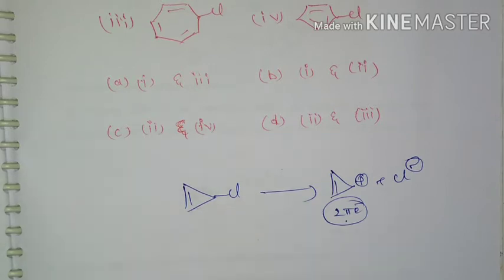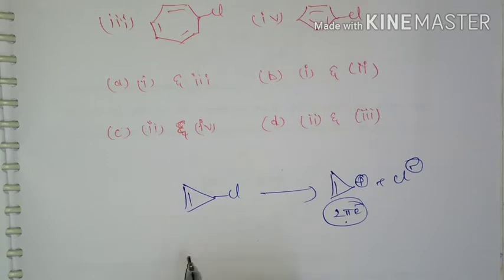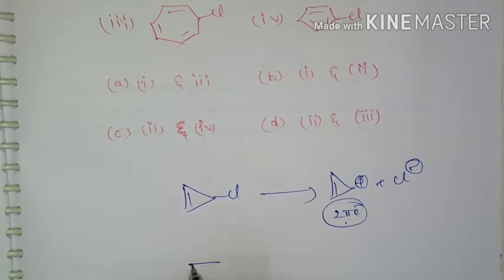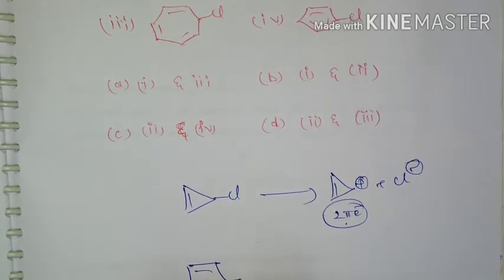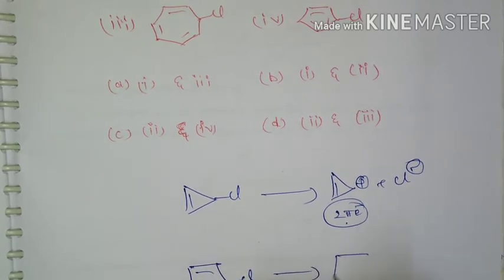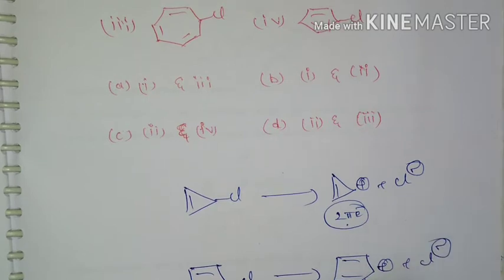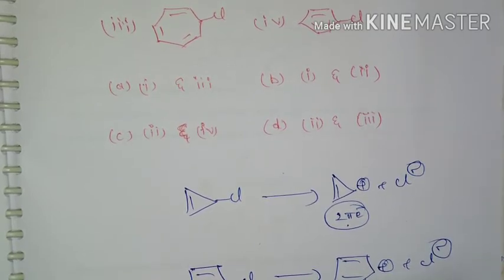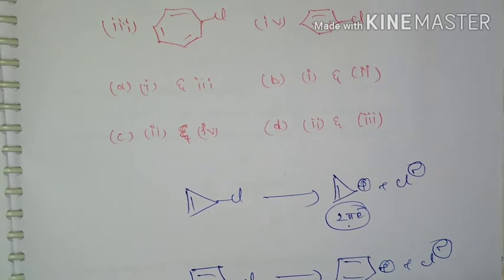So if it is giving aromatic character, then it will undergo easy ionization. And for the second, if it undergoes ionization, then it is going to give you 4 pi electrons, and it is going to have anti-aromatic character.